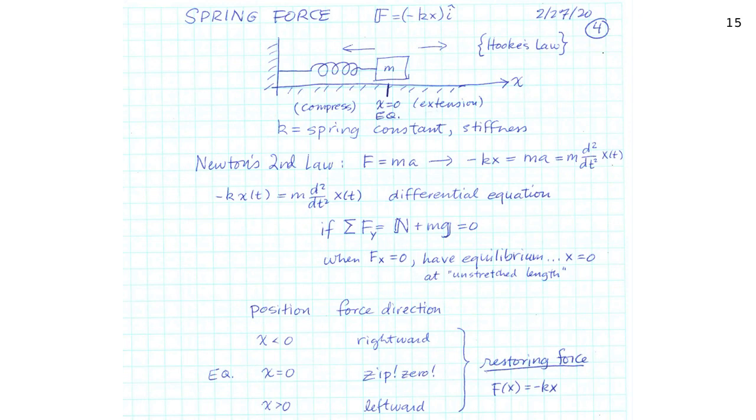Now, as you know, if you stretch out or compress, so this is the compression side, and this is the extension side. And the motion is symmetric left and right of equilibrium. This is called the equilibrium point. Okay, equilibrium because the force is 0 there for just the instant of time that it moves through that point.